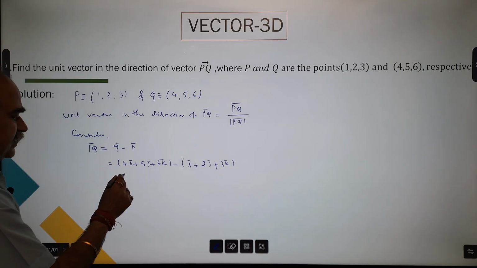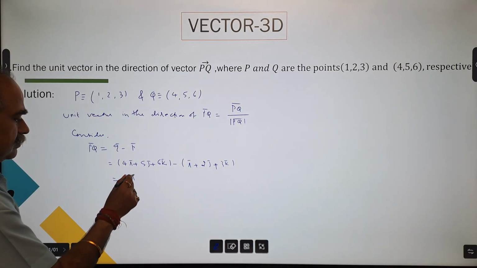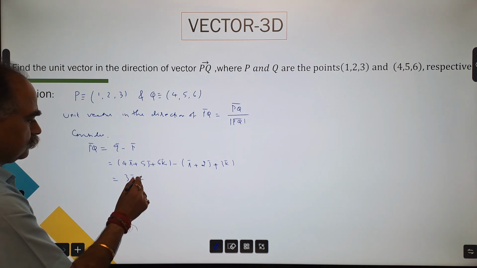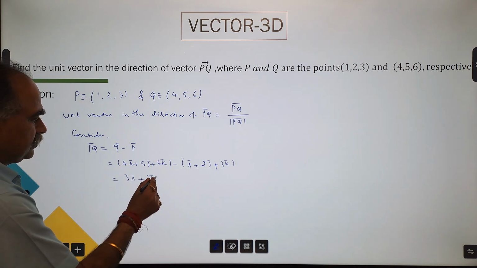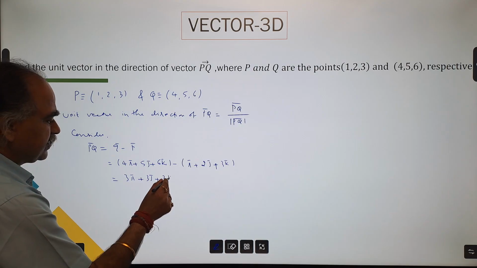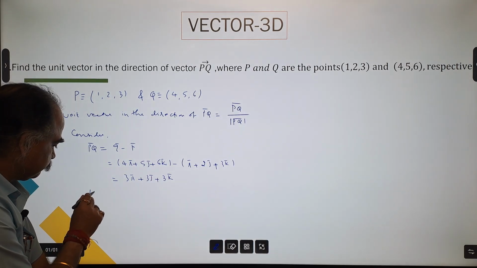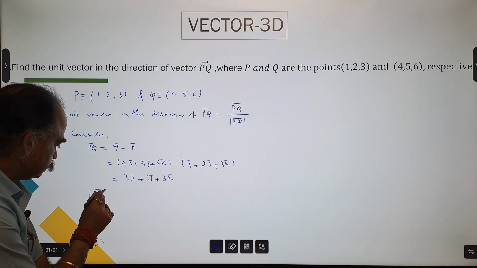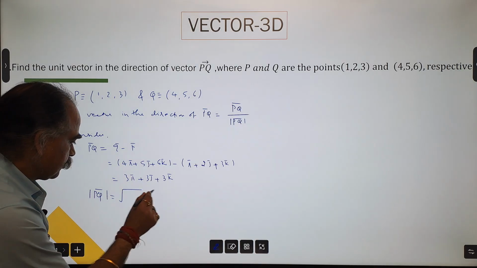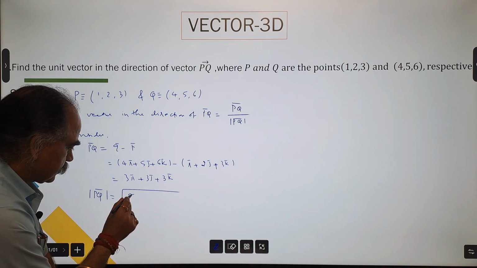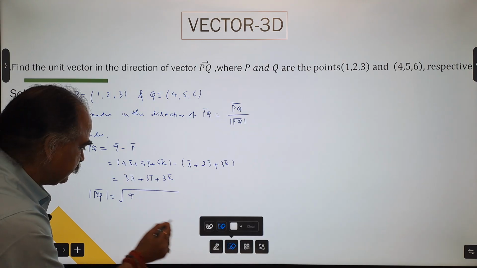Four i minus i, 3i, 5 minus 2, 3j, plus 3k. Then find out mod PQ bar. Root of 3 square is what? 9.